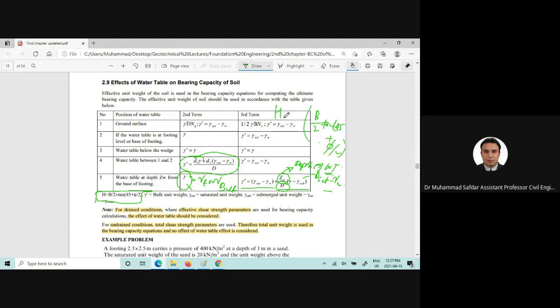Okay, this is the height of the wedge. What is gamma saturated? It is the saturated unit weight, submerged unit weight, and you can simply find it out as the saturated unit weight minus the unit weight of the water.